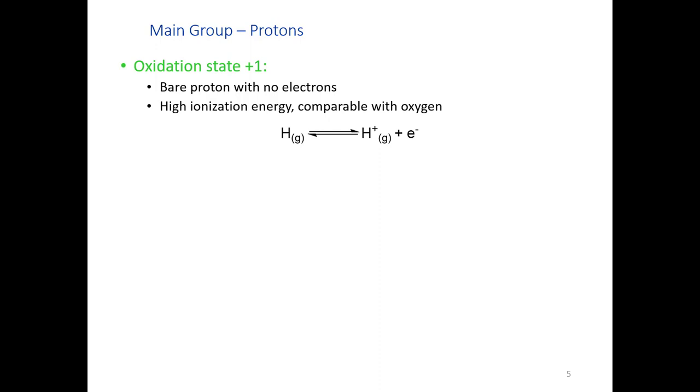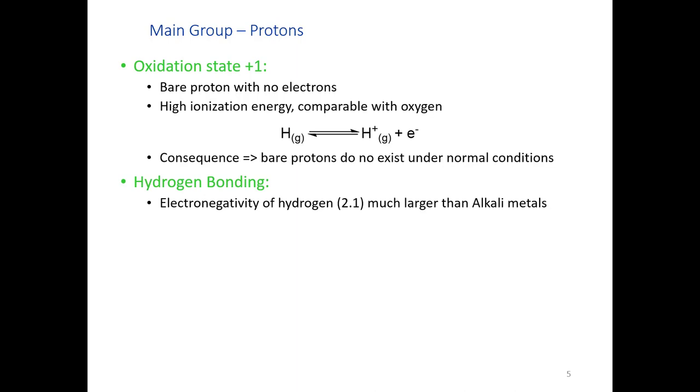It is actually comparable with oxygen, which is a very electronegative atom. What this means is that bare protons on their own are very high in energy and don't exist under normal circumstances. Hydrogen bonding is a unique feature of hydrogen chemistry that is responsible for many phenomena encountered in both chemical and biological systems. It is unique to hydrogen because of its larger electronegativity in comparison to the other alkali metals.